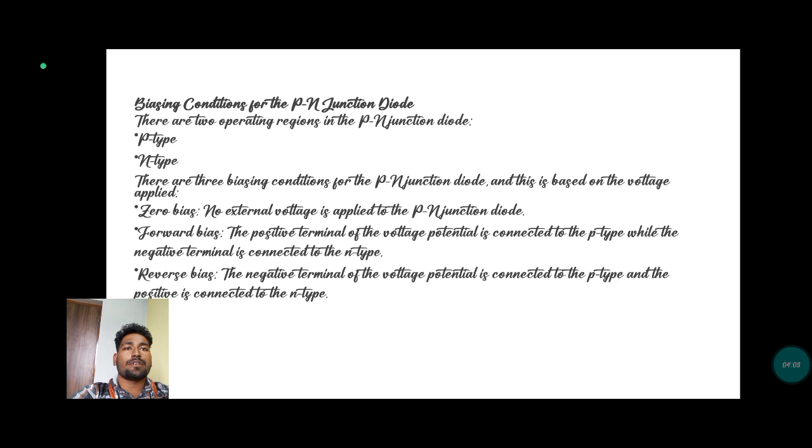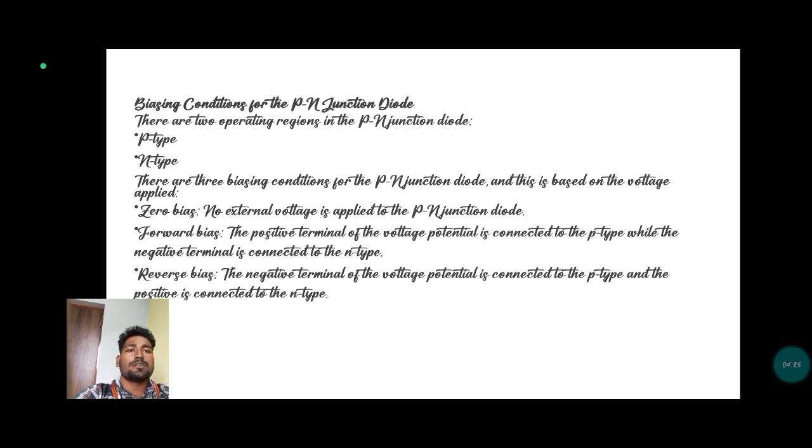Biasing conditions of the p-n junction diode. There are two semiconductor regions in the p-n junction diode, p-type and n-type. There are three basic biasing conditions of the p-n junction diode, and this is based on the voltage applied. Zero bias: no external voltage is applied to the p-n junction diode.